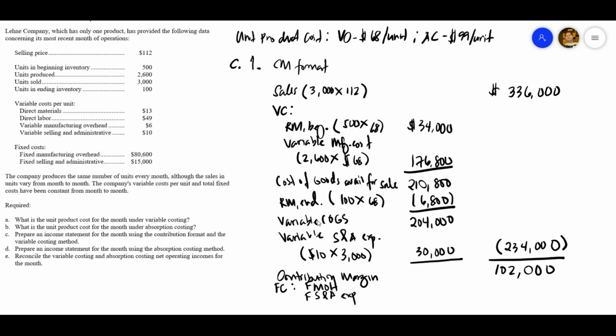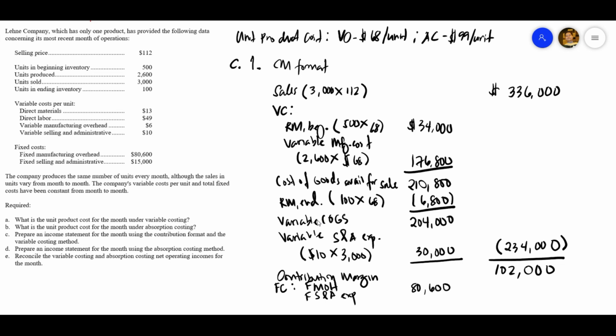For our fixed manufacturing overhead, please remember, in variable costing, regardless of the production or sales, the full amount relating to the fixed manufacturing overhead will be treated as period cost. It will not be affected by the units sold or produced. So the whole amount that we have incurred for the period will be outrightly expensed as period cost.